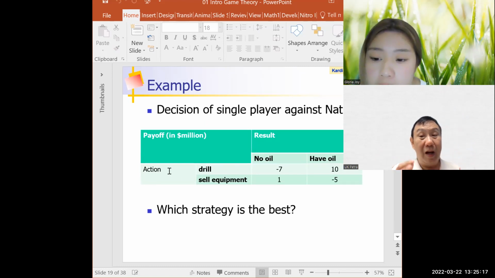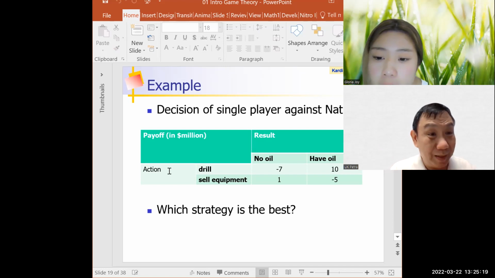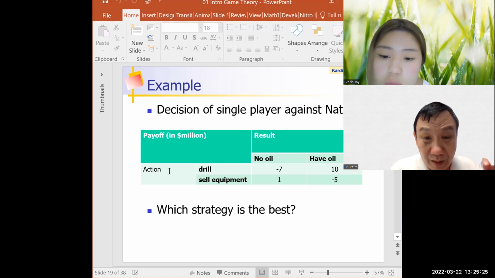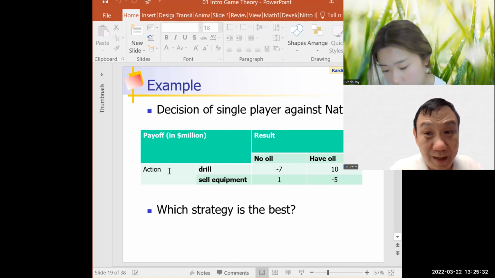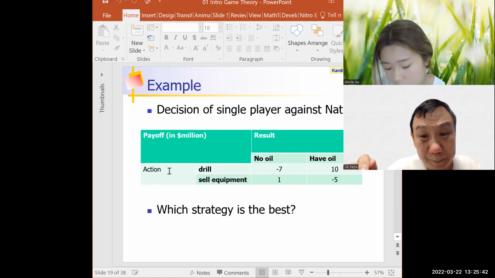Say you are an oil company. This is the payoff. If you drill and you have no oil, you will lose 7 million US dollars. If you drill and you get oil, you will get 10 million US dollars in profit.